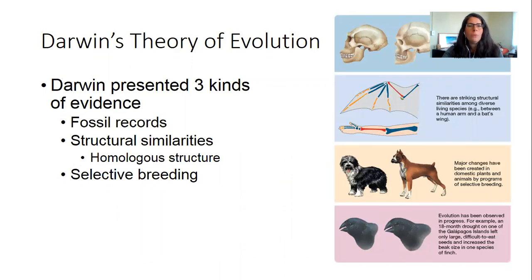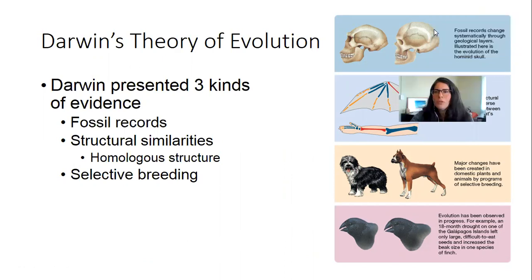Okay, so Darwin, developing the theory of evolution, presented three kinds of evidence. So there is the fossil record. So we see that throughout time, there are changes within the fossil record.